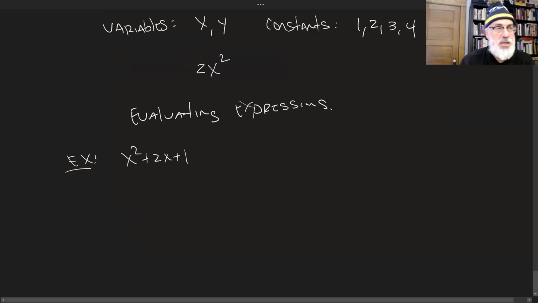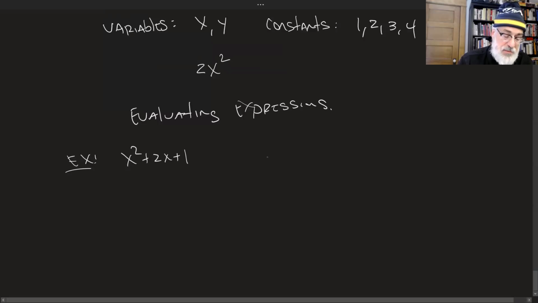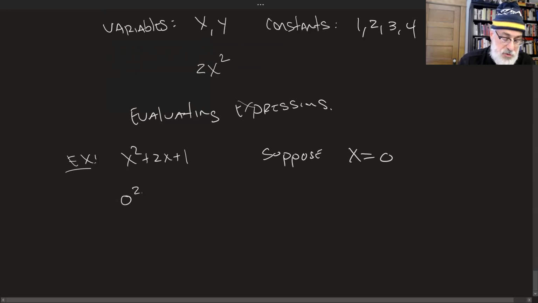There's no equality. X is a variable. 2 and 1 are constants. But we can find the value of this if we're given some value for x. So suppose x is equal to 0. Well, I'm going to replace x in this expression with 0 and then perform the order of operations.